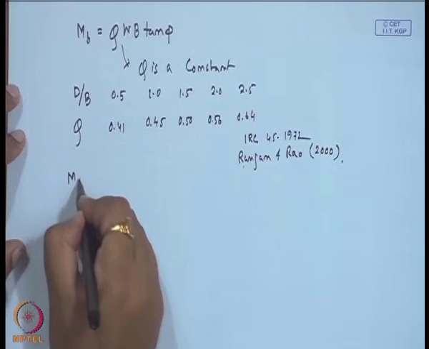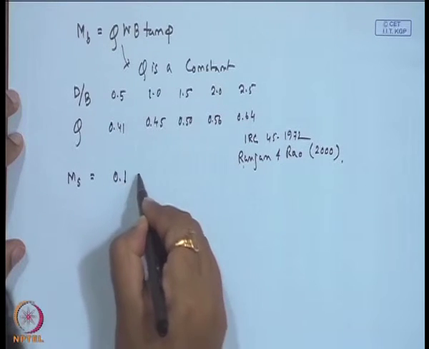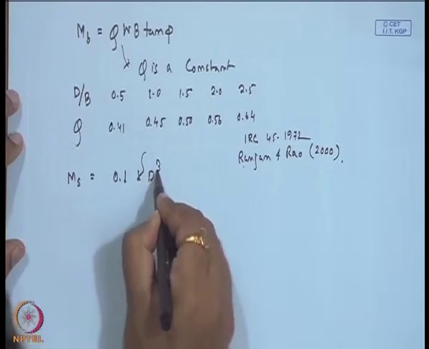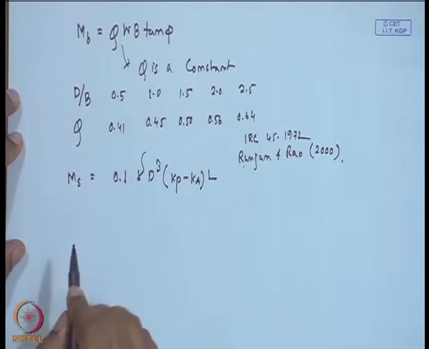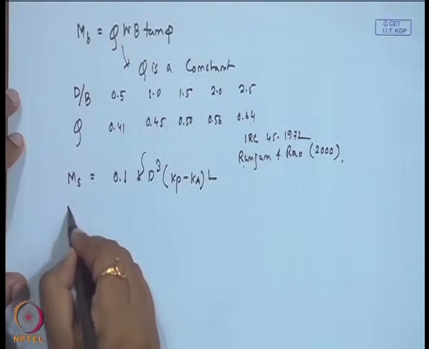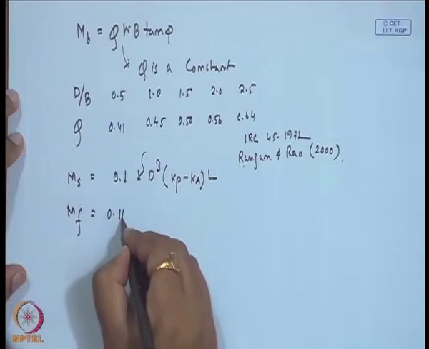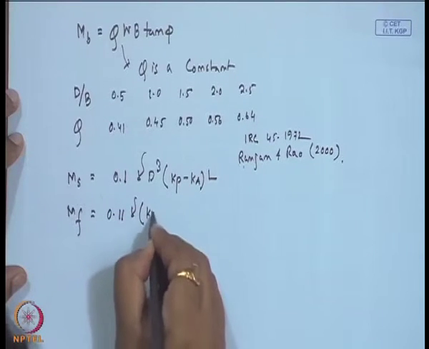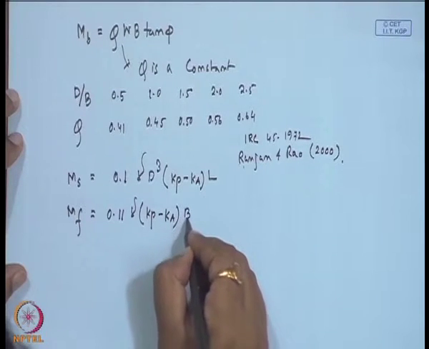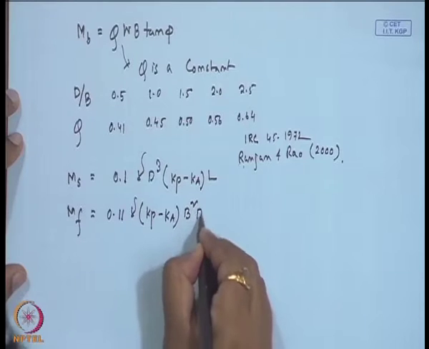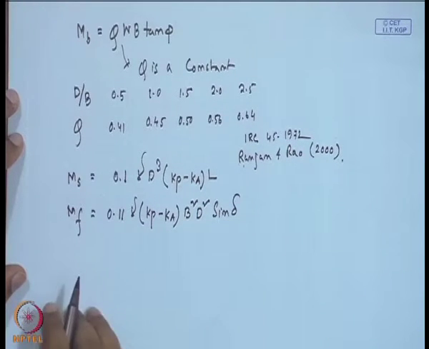And the MS value we can also calculate by 0.1 into gamma d cube Kp minus Ka into L, and MF can be given by this expression: 0.11 gamma Kp minus Ka b square d square sin delta.